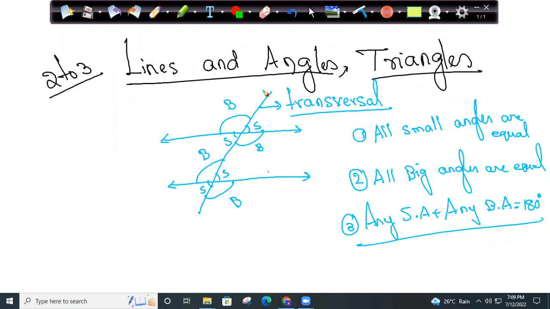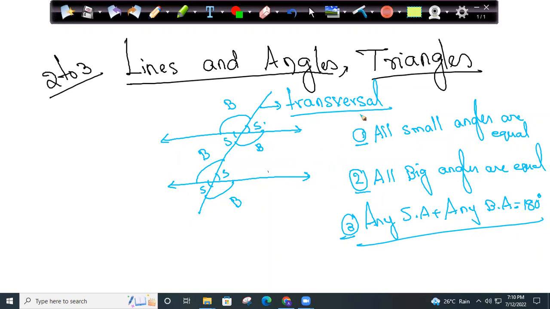This is how you need to learn the subject. The first point is all small angles are equal. The second point is all big angles are equal. And the third point is any small angle plus any big angle is equivalent to 180 degrees. Clear? Very simple. This is the only simple concept you are required to know in lines.